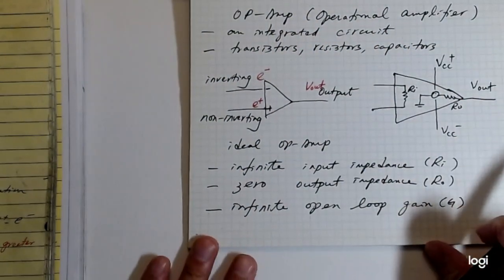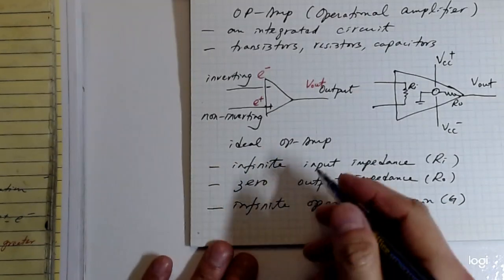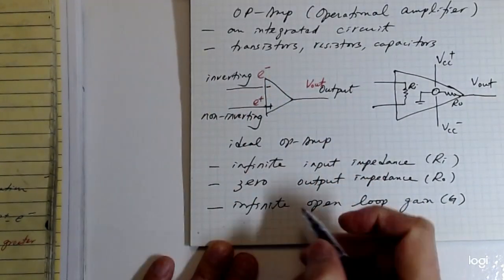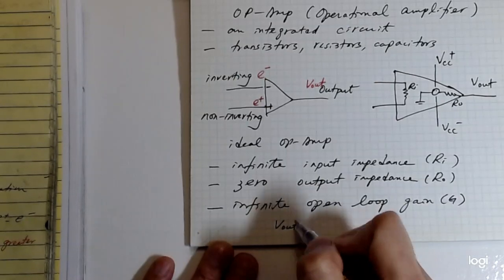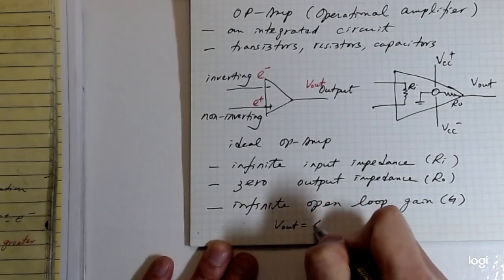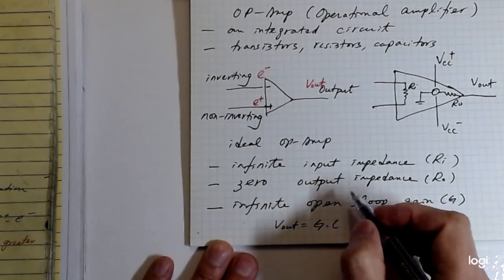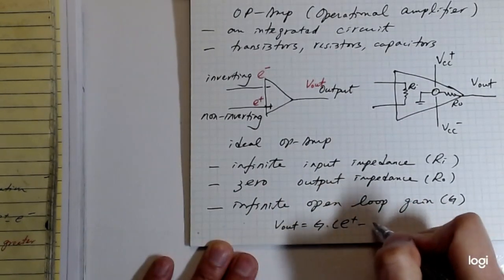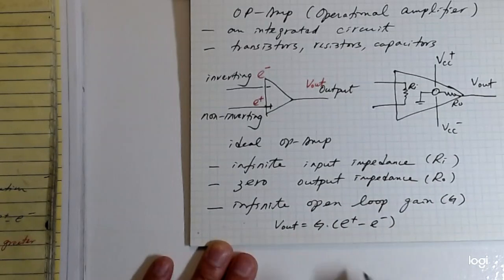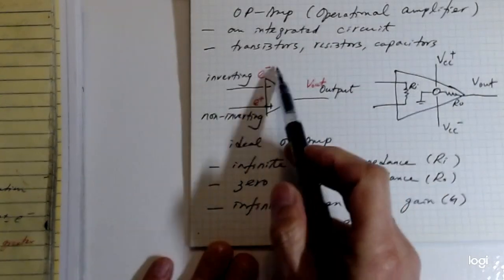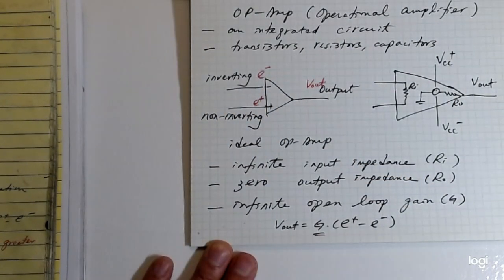So you should have the relationship for the gain: V out equal to G times (E positive minus E negative). So this G, the open loop gain, will be infinite.